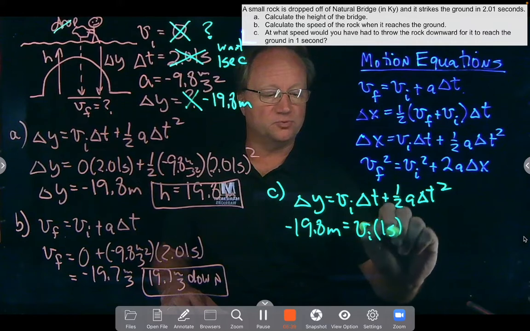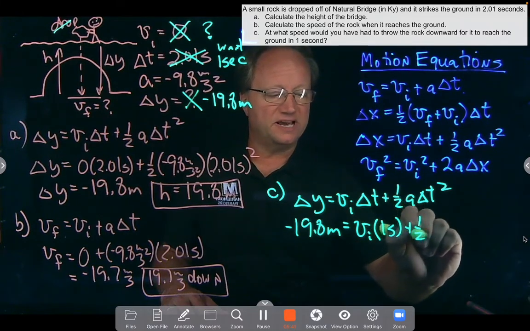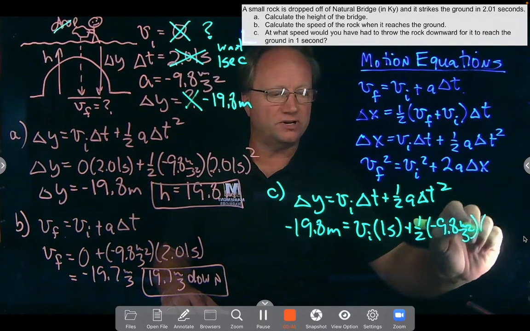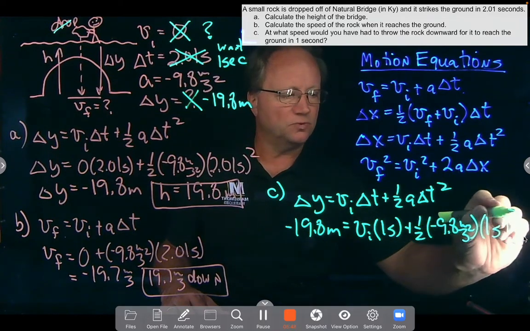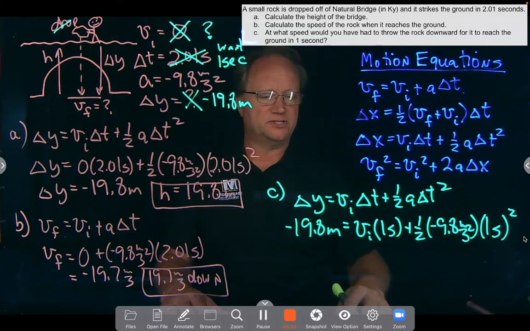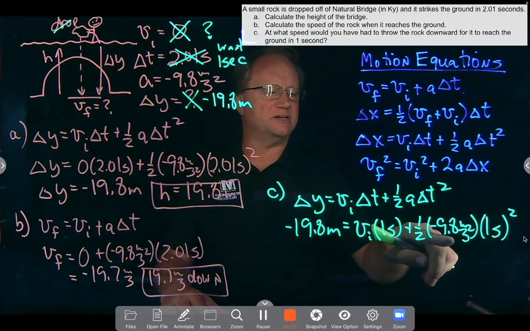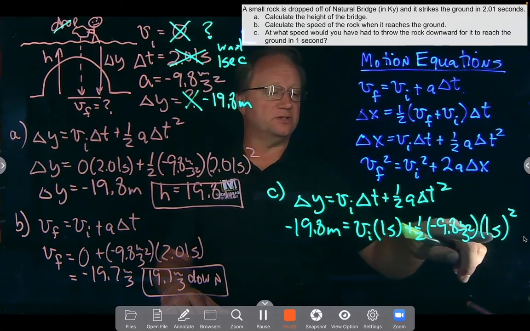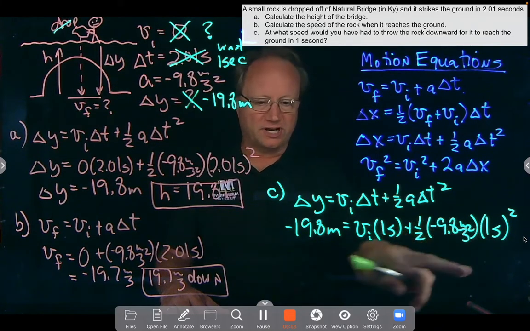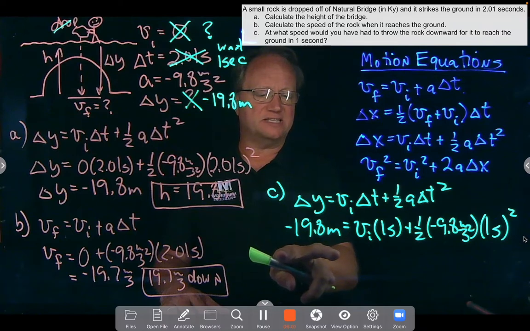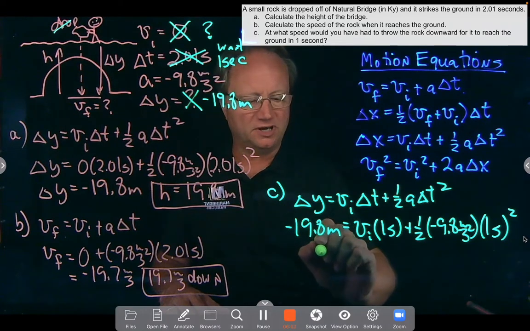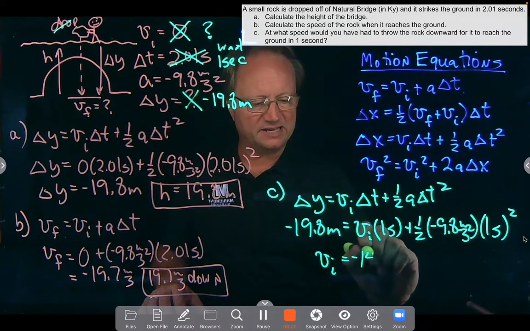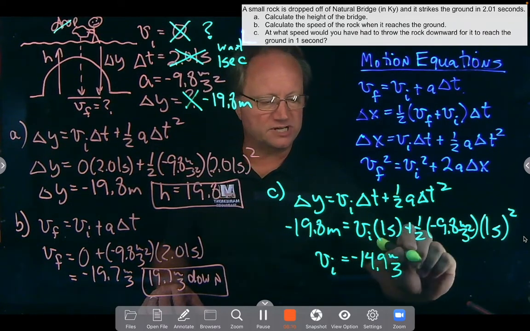Our time period is 1 second. 1/2 then times a, negative 9.8 meters per second squared, and then times 1 second squared. So doing the algebra, half of negative 9.8 is negative 4.9 times 1 squared is still negative 4.9. So we're going to add 4.9 to both sides and then divide by the 1. And that gives us a vi value of negative 14.9 meters per second.